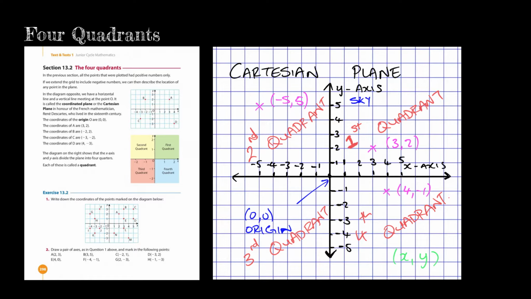And if I was to label, I'll just do one negative, this one here would be -4 and -1, because your x value comes first, your y value comes second. So you can see there's a lot going on there. There's a lot of information in this page. Just going to tidy that first quadrant, I should say there.